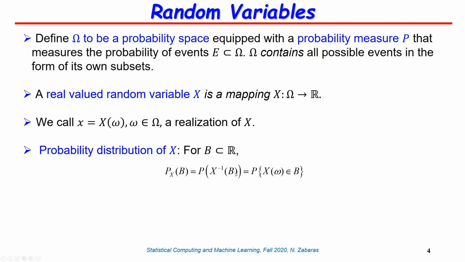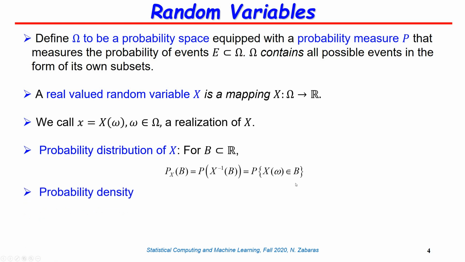You can see here in another notation, X^-1 of B is basically the events that, through the transformation X, are mapped to the domain B of the real line. So effectively, using the probability of events that we have seen in lecture 1, we can now define the probability affiliated with random variables capital X.